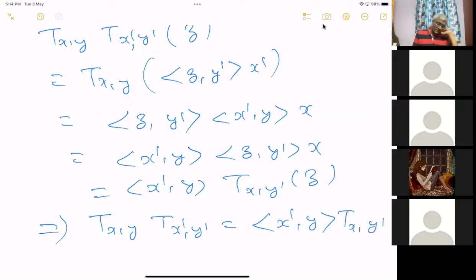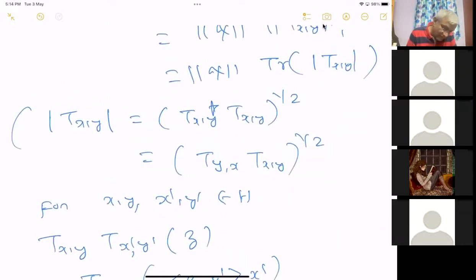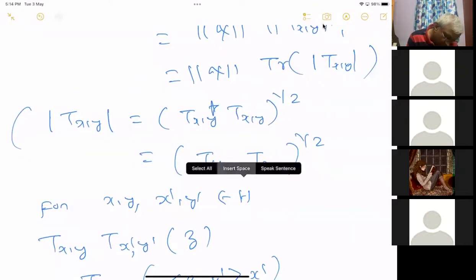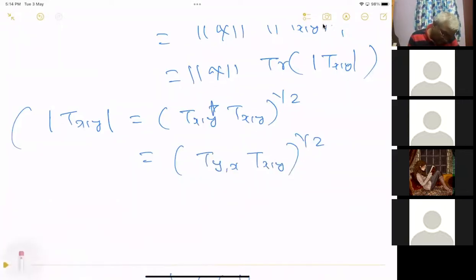This is how these operators compose. So now we were computing T of T_{yx} and T_{xy}. Maybe leave a gap here.